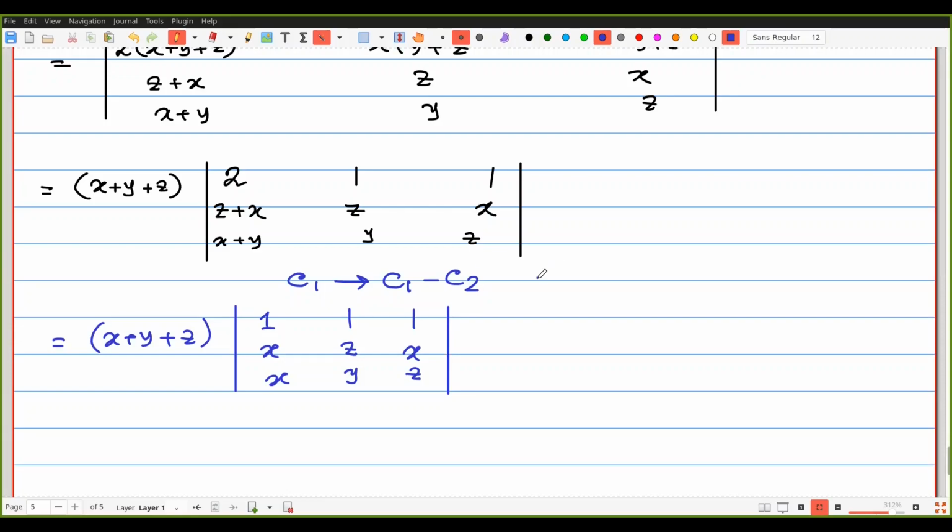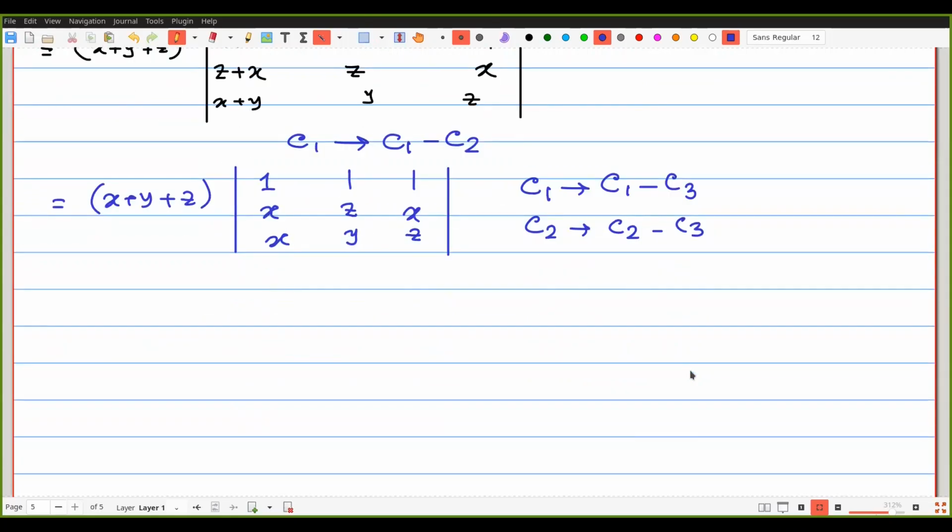Okay. So here we are changing column 1 and column 2. So column 1 is now, suppose, column 1 minus column 3, and column 2 is now column 2 minus column 3. In the same problem, same step, we are proceeding with the two operations.